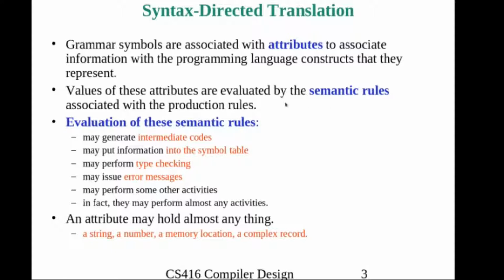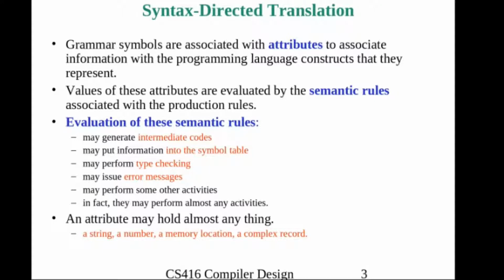Now look at what things we can do by evaluating the semantic rules. We can generate intermediate code while evaluating the semantic rules. We can put some information into the symbol table, because while evaluating the semantic rule, we will get the memory location, the type, or the value of the symbols, and this information we can update in the symbol table.